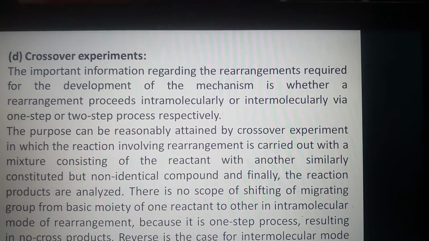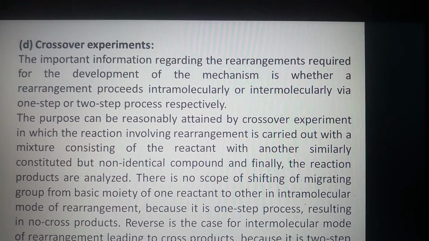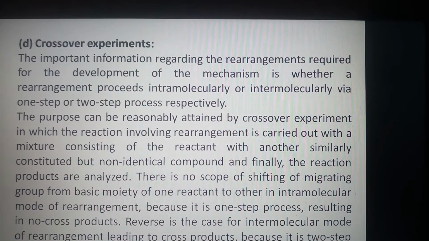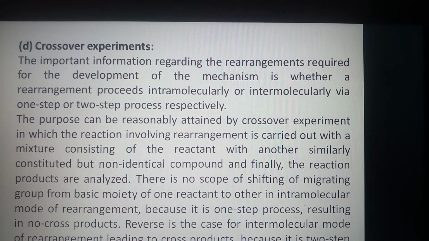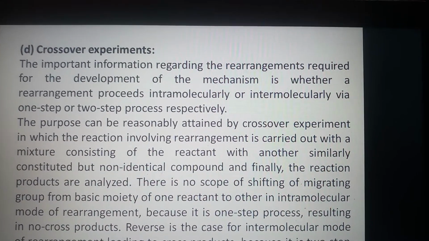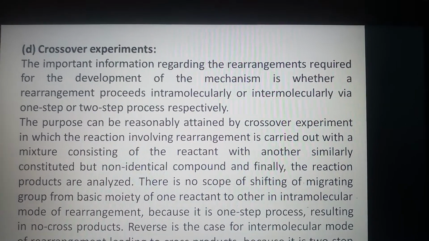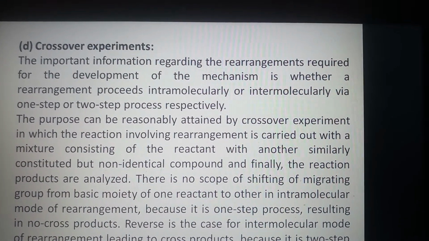The purpose can be reasonably attained by a crossover experiment, in which the reaction involving rearrangement is carried out with a mixture consisting of the reactant and another similarly constituted but not identical compound, and finally the reaction products are analyzed.